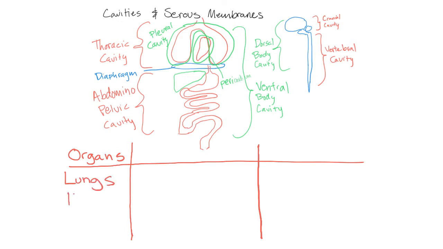We've got the lungs, we've got the heart, and we'll call everything else the viscera. Okay, so these organs have a lining around the whole body cavity itself.